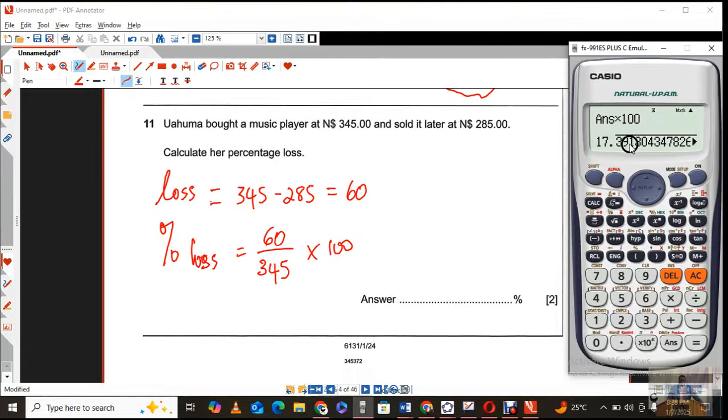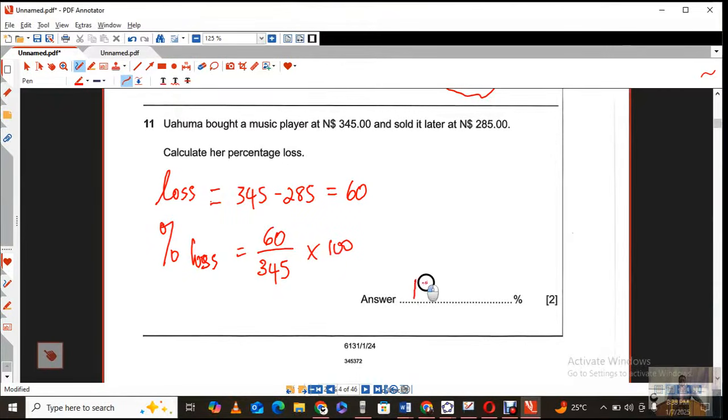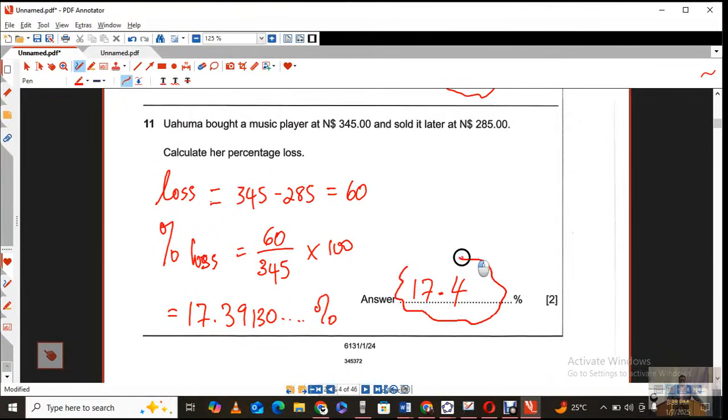That thing goes on and on and on. So I'm going to just say 17.4, because it is not an exact number. Your calculator shows 17.39 and so on percent, but I would be giving this answer since that is not an exact answer.